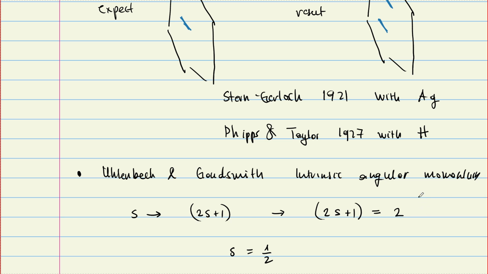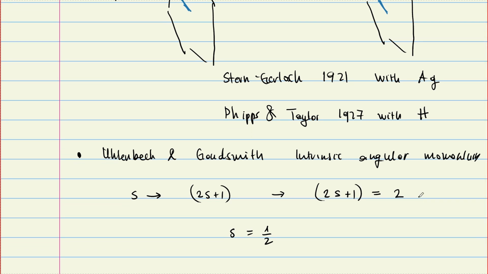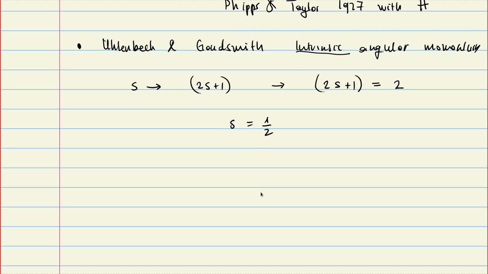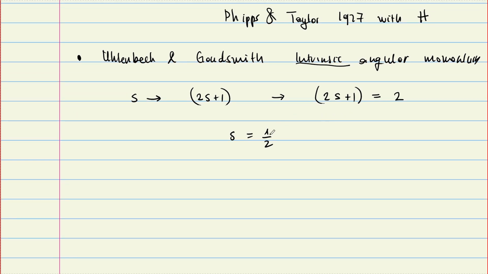Good? So S is representing this new intrinsic angular momentum that we are trying to understand. Okay? So that's what they proposed. And this angular momentum came up to be S is equal to 1/2. And let's remember the angular momentum as usual.